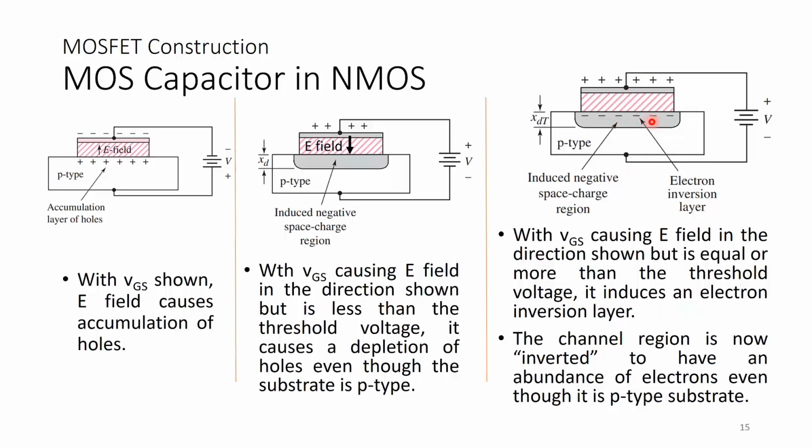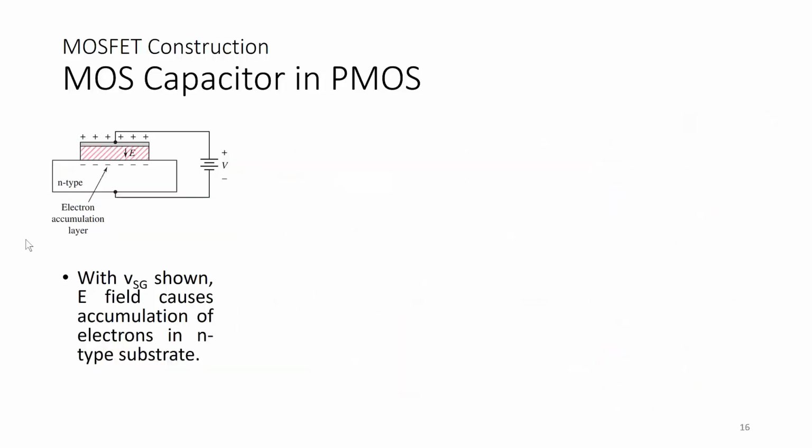Now this is a p-type substrate, but this region has become an electron inversion layer, not by doping, but by biasing, by the capacitive action of the MOS capacitor. So this channel region is now inverted to have an abundance of electrons, even though it is a p-type substrate. This is what I've just stated.